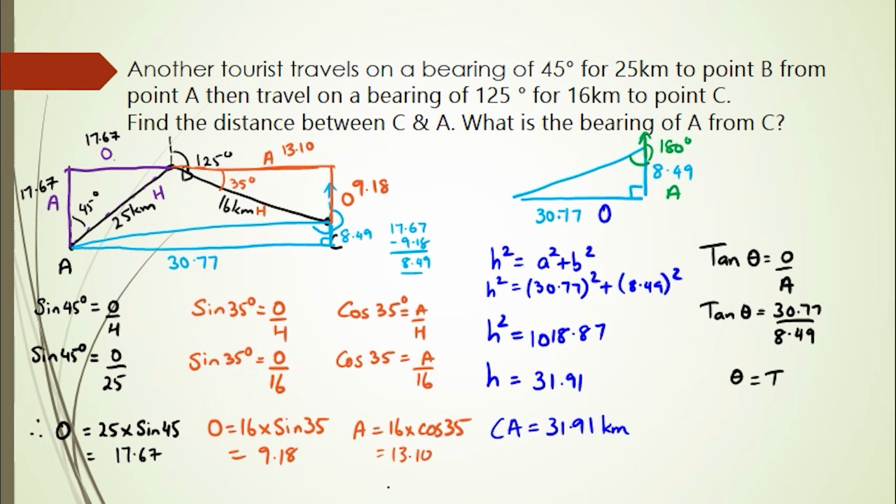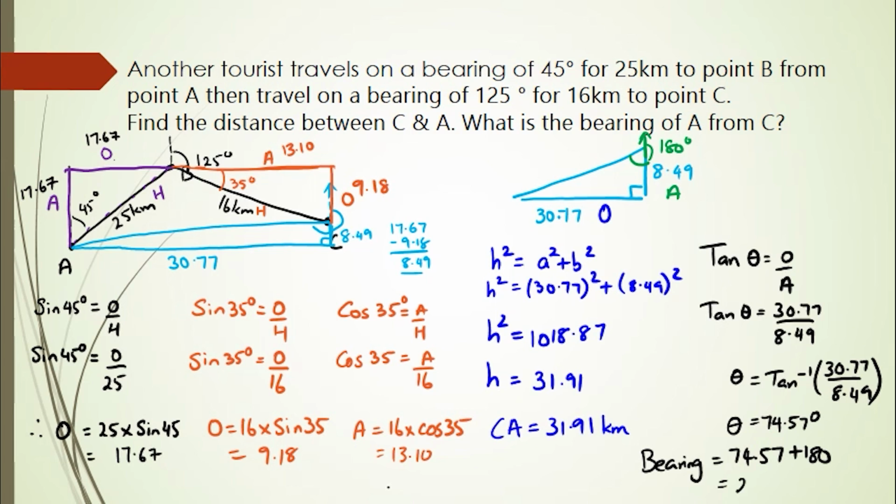So theta equals inverse tan of 30.77 over 8.49, and that gives me an angle of 74.57 degrees. But remember, to get a bearing I need to add 180. So in this case, the bearing is 74.57 plus 180, and that's going to give me 254.57 degrees.